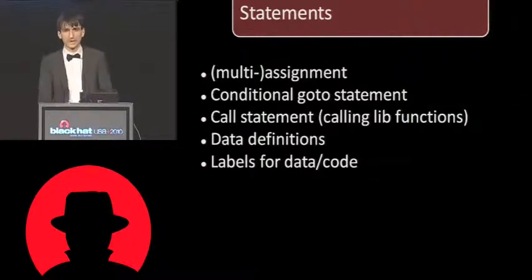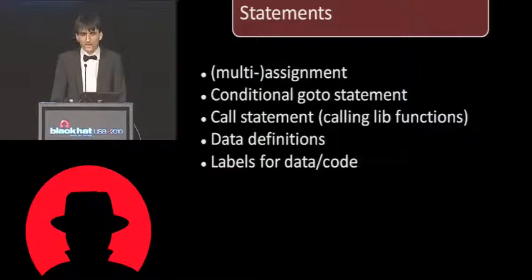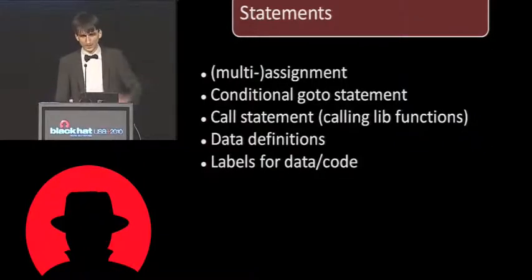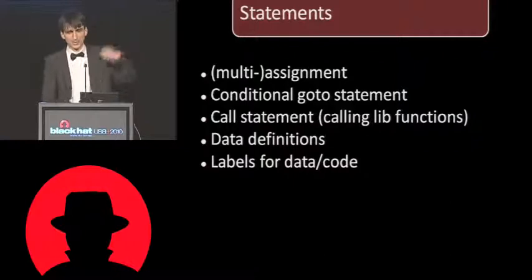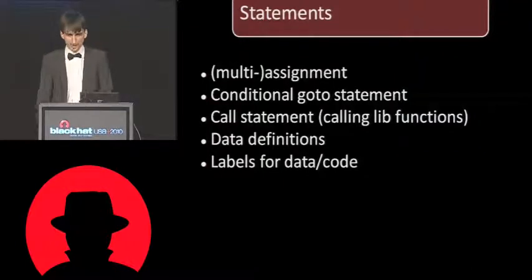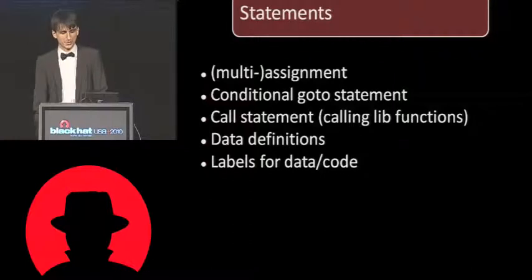So what you pass it is basically a register or a memory location that, if it is non-zero, will trigger a jump to a label. And the other thing that we have is a call statement for interfacing with native library functions.